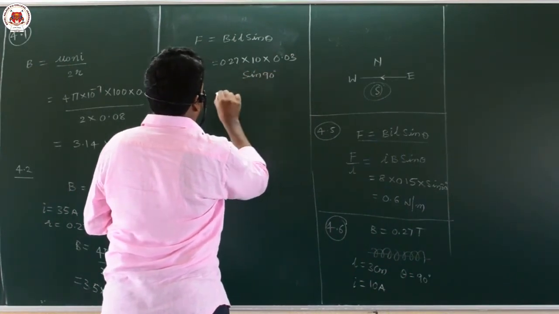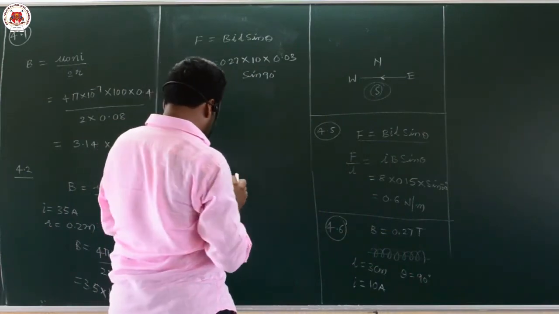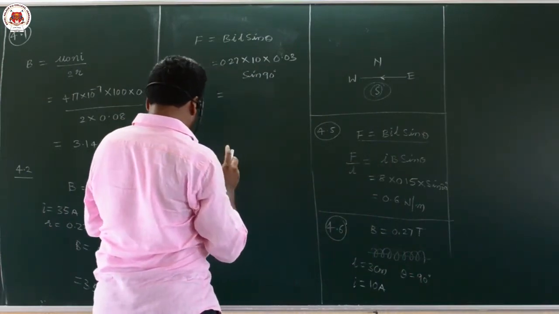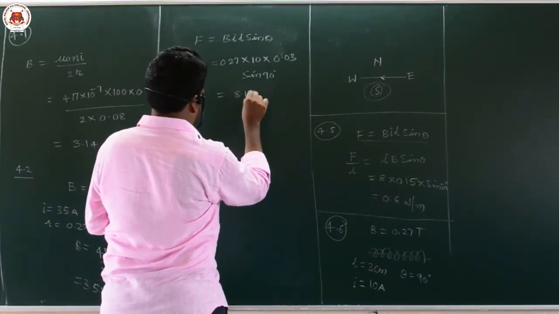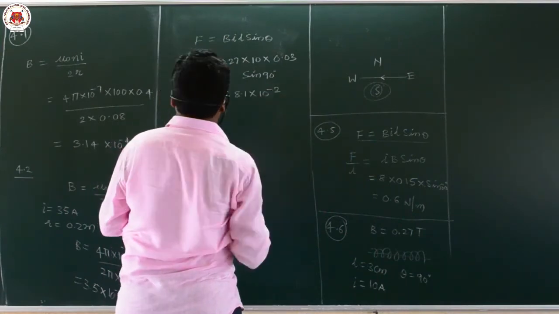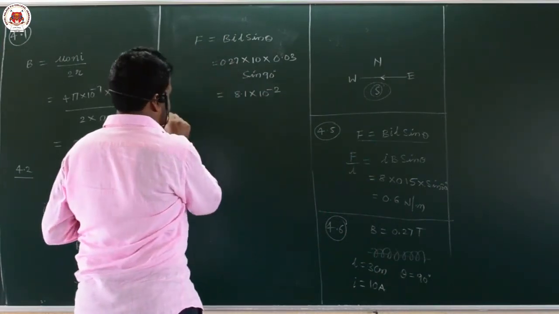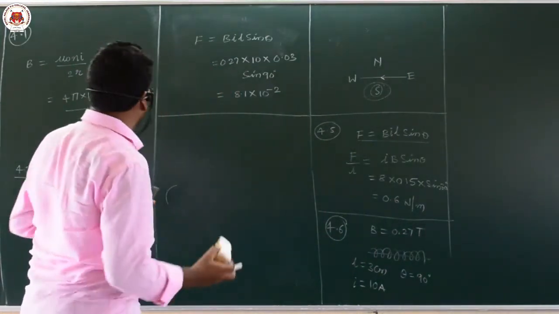So what answer will you get? The answer is 8.1 into 10 to the power of minus 2 Newton. This is the answer.